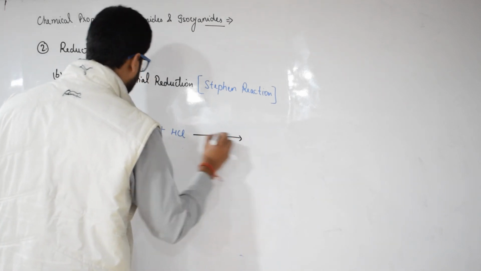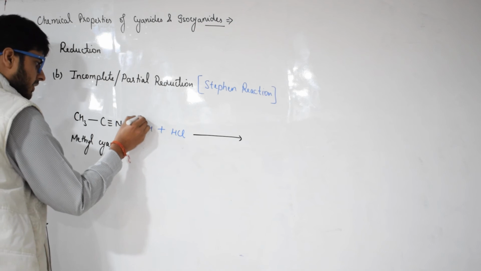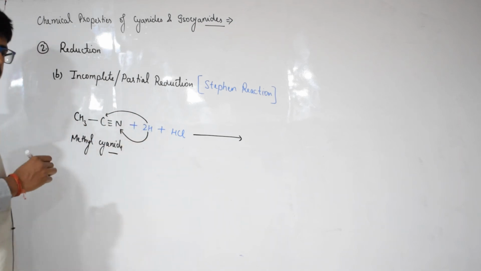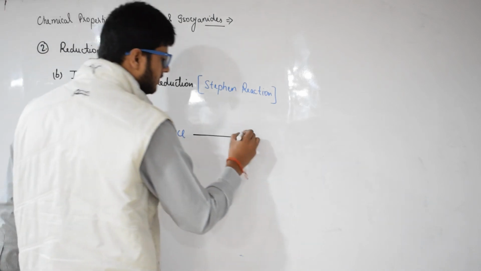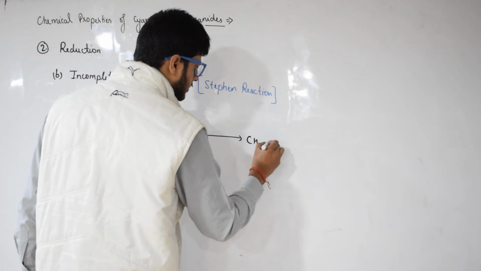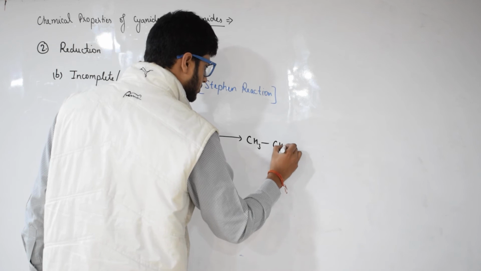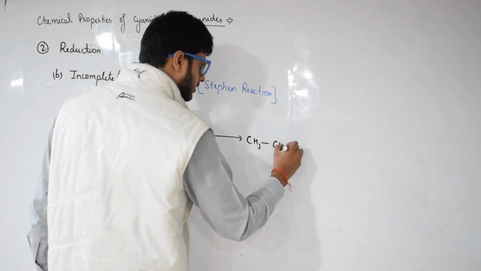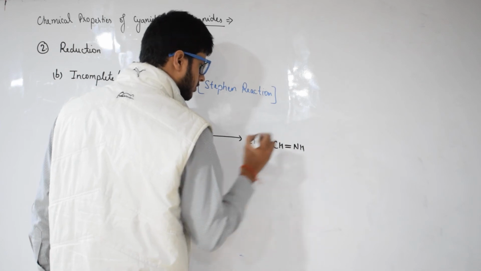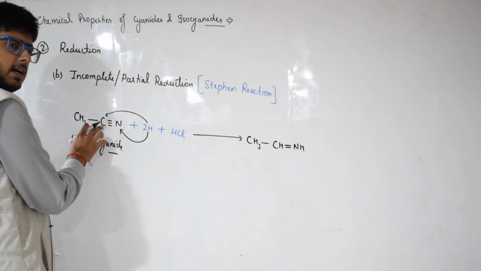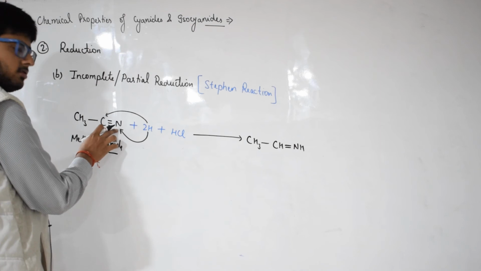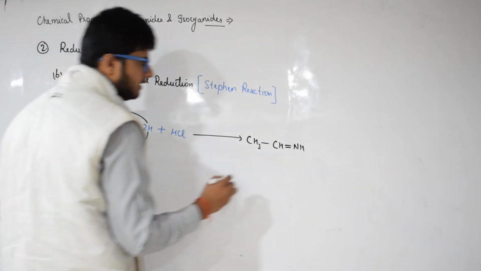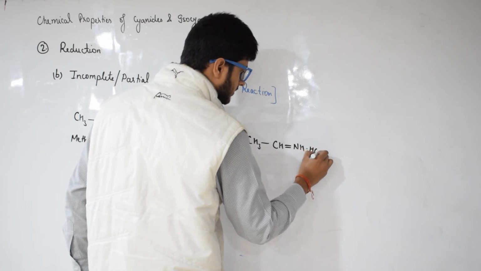It forms an intermediary stage. One hydrogen atom is attached to this carbon atom and the other hydrogen is attached to this nitrogen atom, and the HCl is attached to this nitrogen atom. A structure like this is obtained, CH3CH, then we have the NH group here.